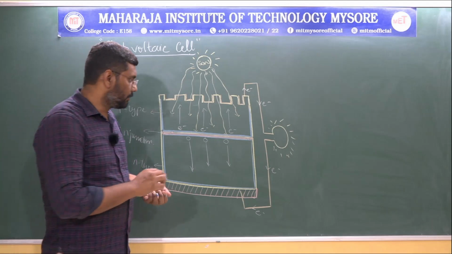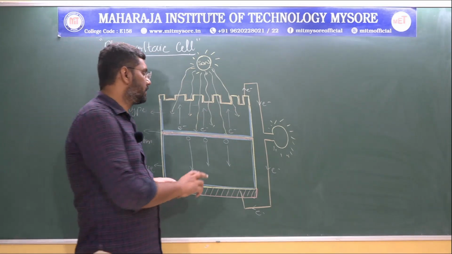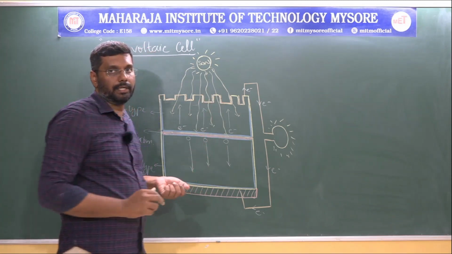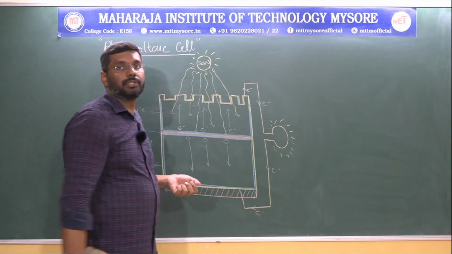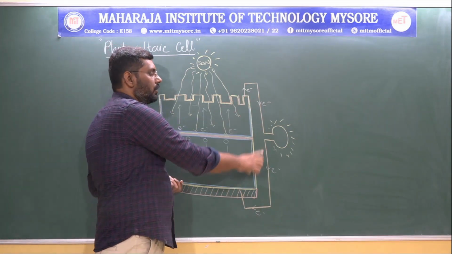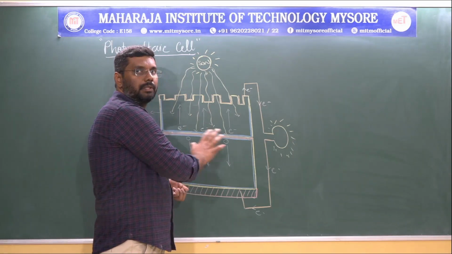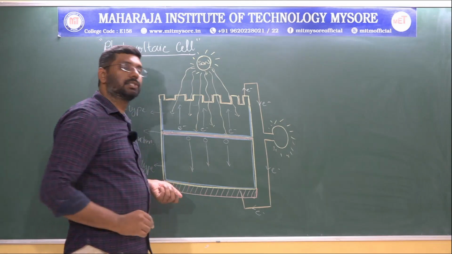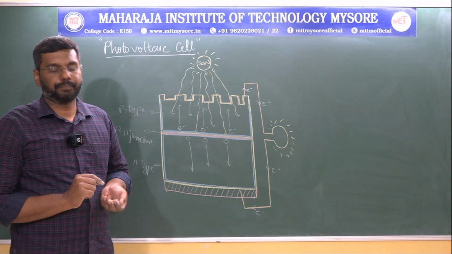There is silver on the backside of these PV cells, which brings contact between the upper layer and the lower layer. It has been connected through an outer circuit where the electrons flow, whereas the holes and electrons which have been produced at the PN junction will move towards the n-type and p-type semiconductors respectively.